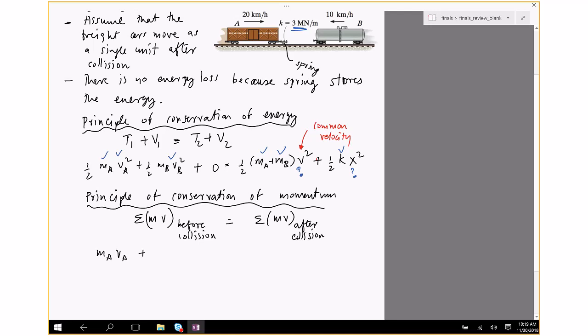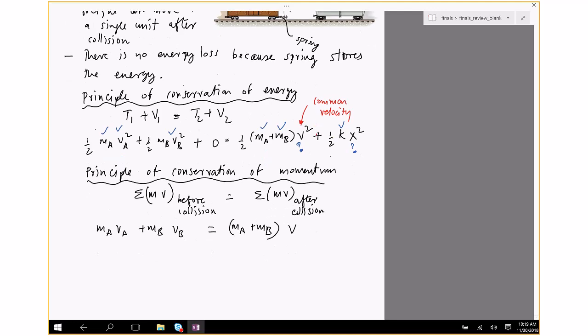So ma va plus mb vb equals, since both the freight cars move as a single unit, (ma plus mb) times V, where V is the same as the common velocity. So in this case, the only unknown in this problem is V. va, vb, ma, mb, everything is known.